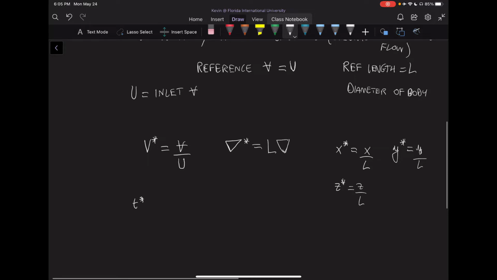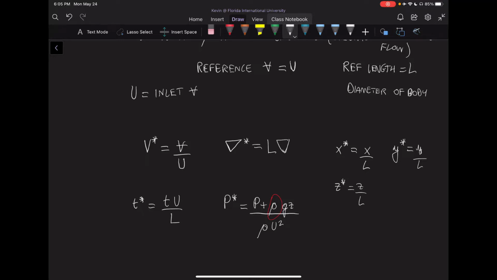Time star in non-dimensional form would be t times U over L. Velocity over length times time yields time to the minus 1 times time. And pressure star is equal to pressure plus rho g z, over rho U squared. Let's not forget rho as our third non-dimensionalizing parameter.